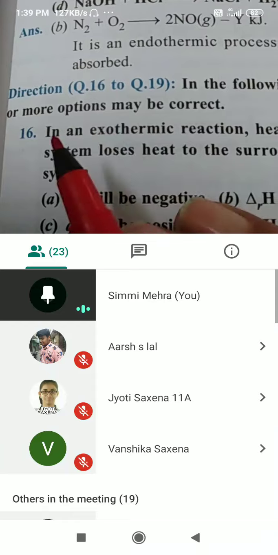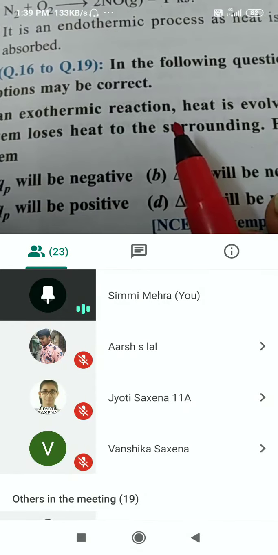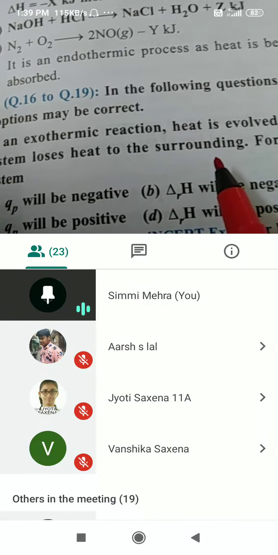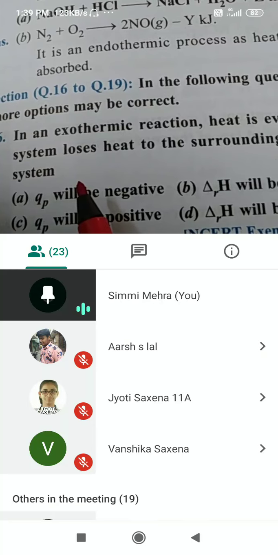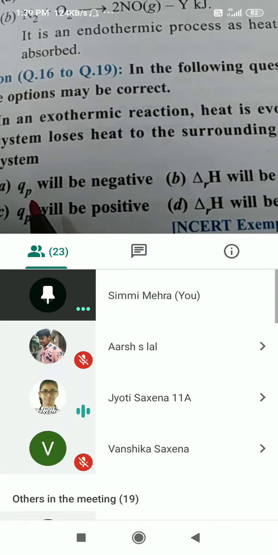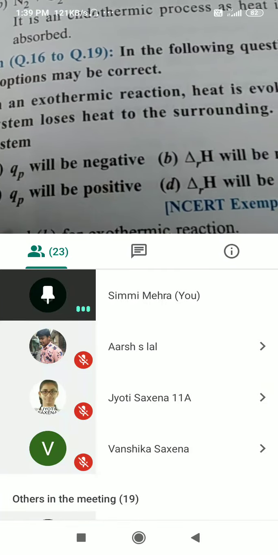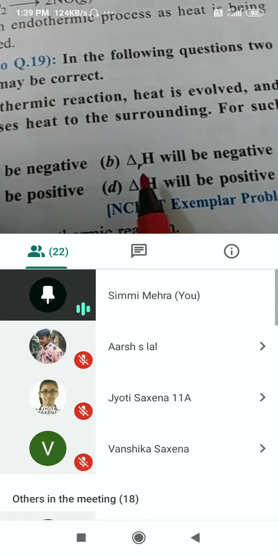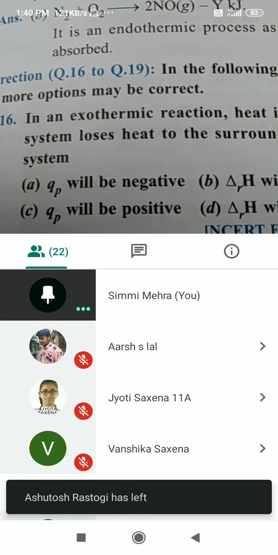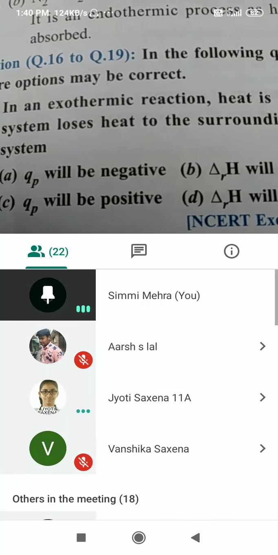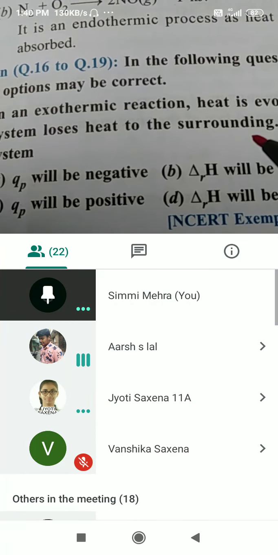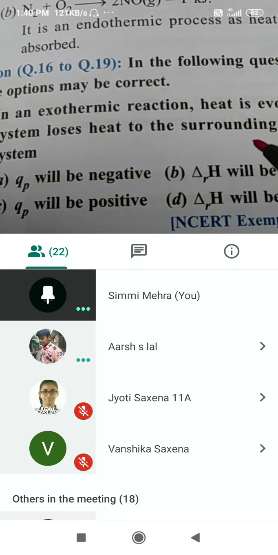Next one. In an exothermic reaction, heat is evolved and system loses heat to the surrounding. For such a system, what is QP, heat absorbed at constant pressure? QP will be negative, QP will be positive, delta H will be negative, delta H will be positive. What will be the answer?